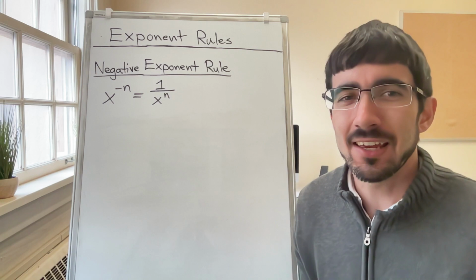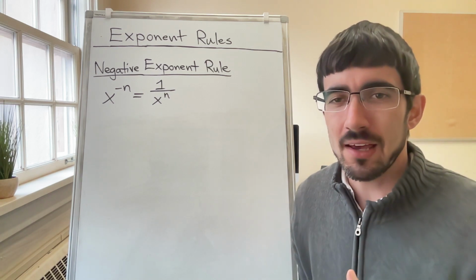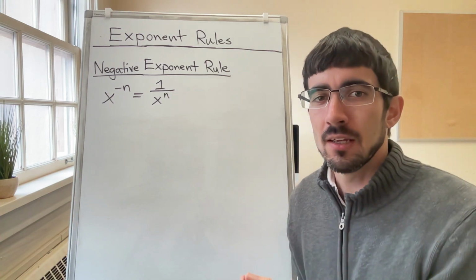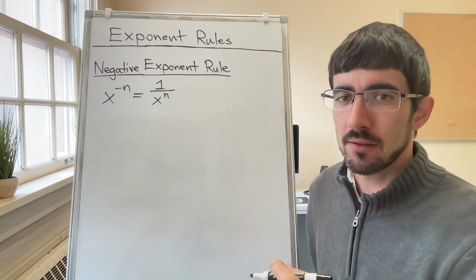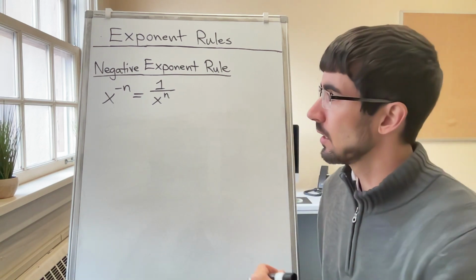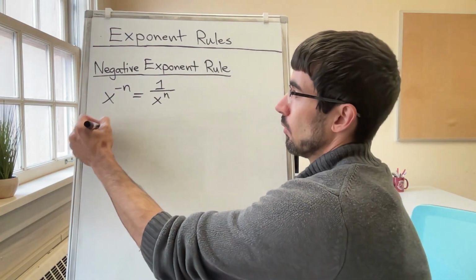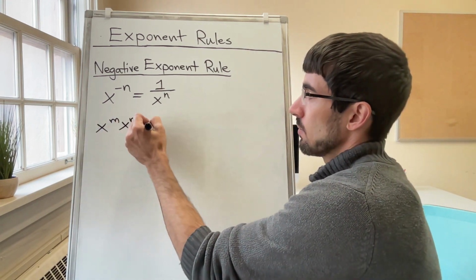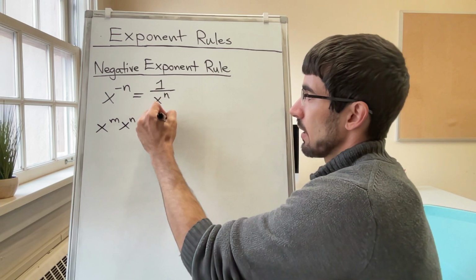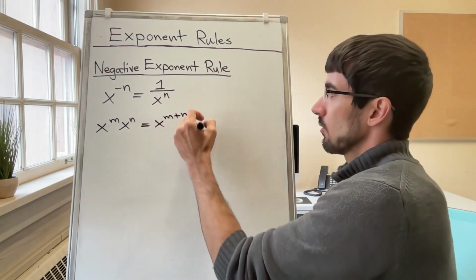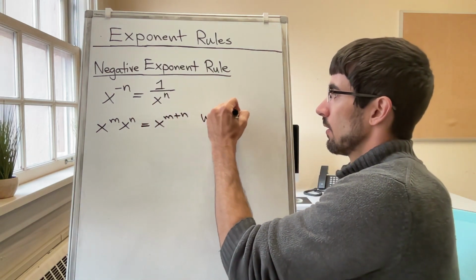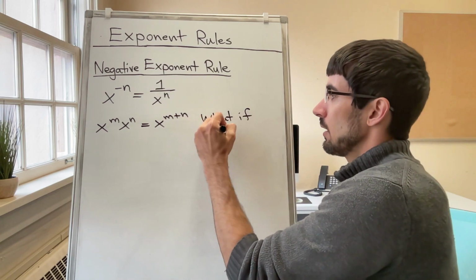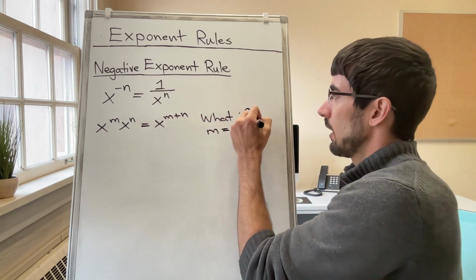Now let's look at the negative exponent rule, which says that x to the power of negative n is the same as 1 over x^n. And again, we'll go back to prove this using one of the rules that we already know. So we've already accepted that x^m times x^n equals x^(m+n). And let's ask a question. What if m equals negative n?